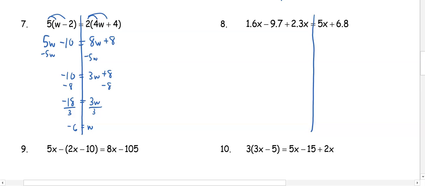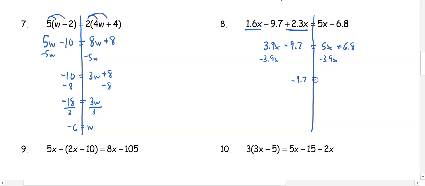In number 8, we have two x's on the left-hand side, so we have to combine them. When you are combining your x's that are on the same side of the equation, you're still following your combining rule, so you're using the same sign. So it's 1.6 plus 2.3, so we get 3.9x minus 9.7 equals 5x plus 6.8. So then we can subtract 3.9x on both sides.